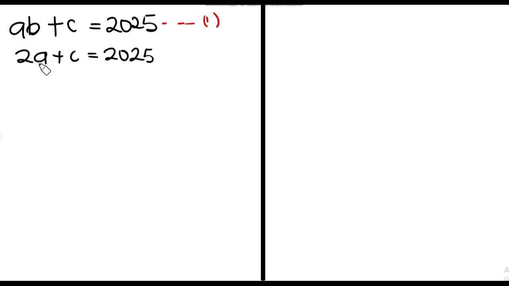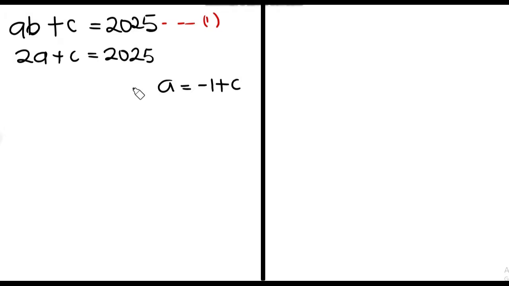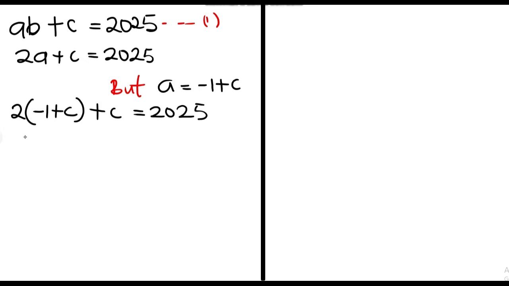But we've gotten a is equal to minus 1 plus c from here. So if we insert this in the place of a, we have 2 times (minus 1 plus c), then plus c equals 2025.